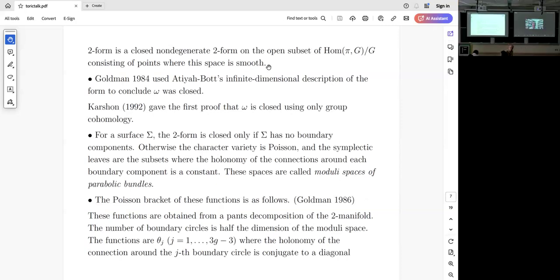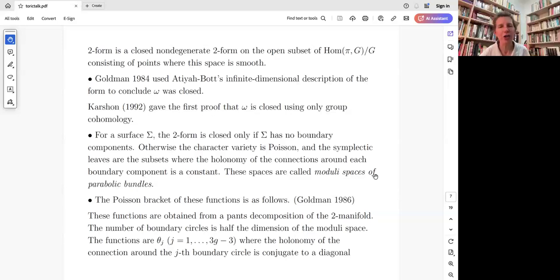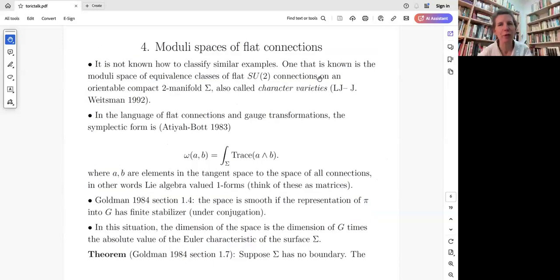Question? Where on the previous page does the representation pi enter? I didn't see it entering. Sorry, I glossed over the fact that the space of flat connections up to gauge equivalence is isomorphic to the space of representations of the fundamental group into the group up to conjugation. I should have explained that more clearly.